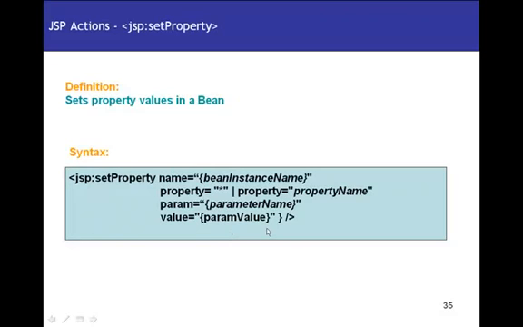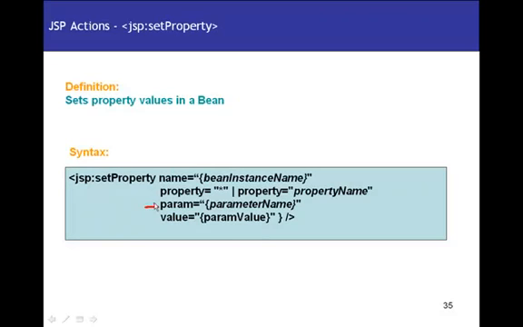Whatever value I want to set to the username attribute, right? So now alternatively I can also set a value based on certain input entered in my page, right? So let's say that I have a field for username on my page, and I want to update whatever value was entered in that field for username to this property in this useBean, right? So how can I do that? I can basically map that to the param.